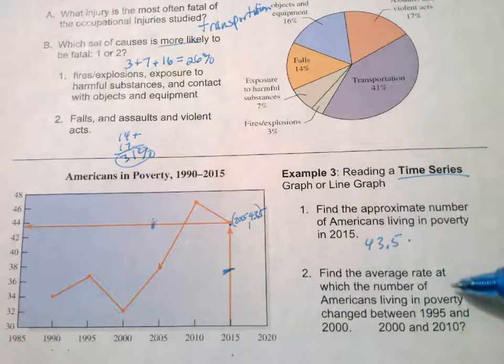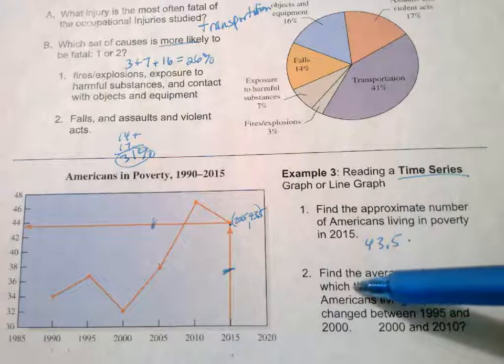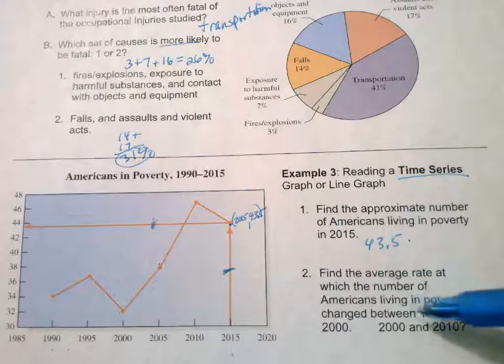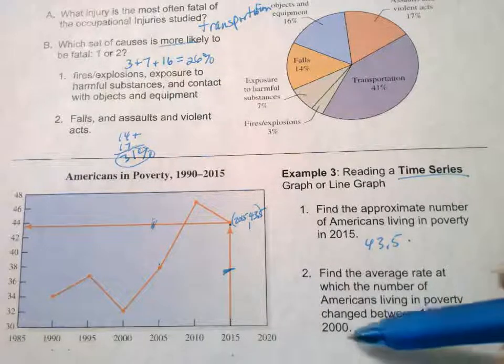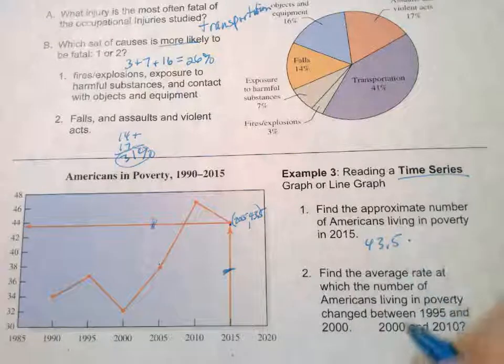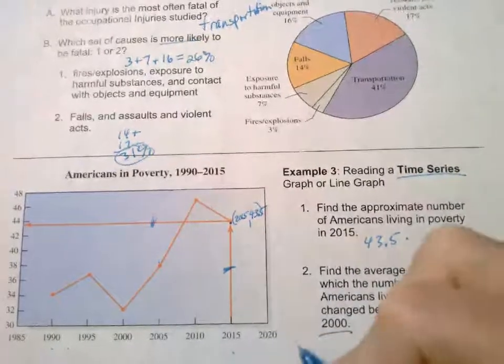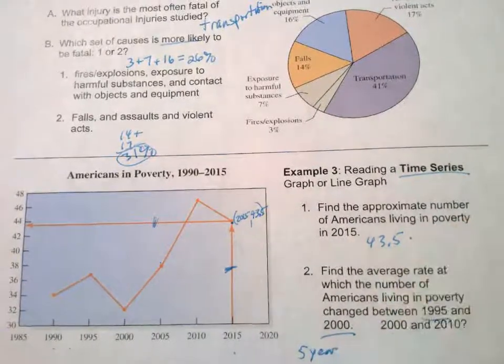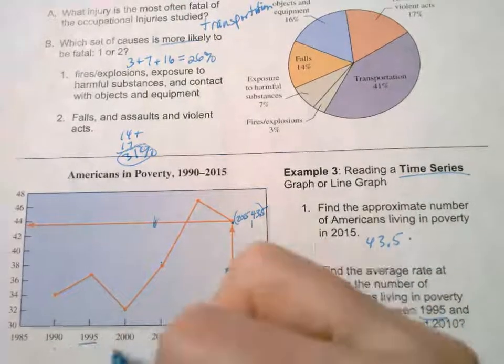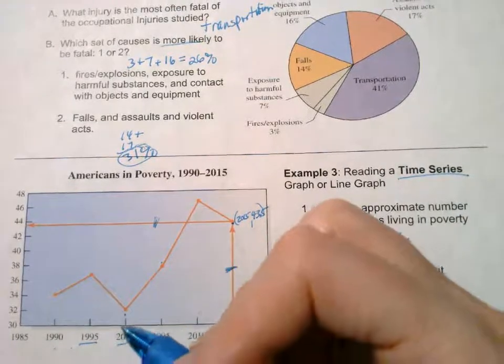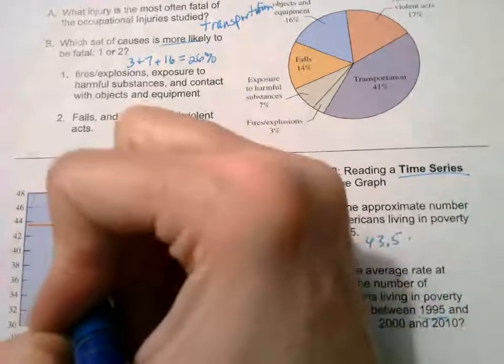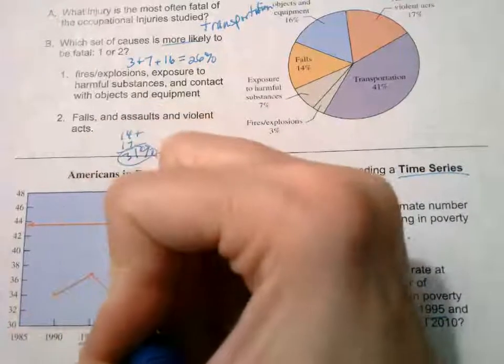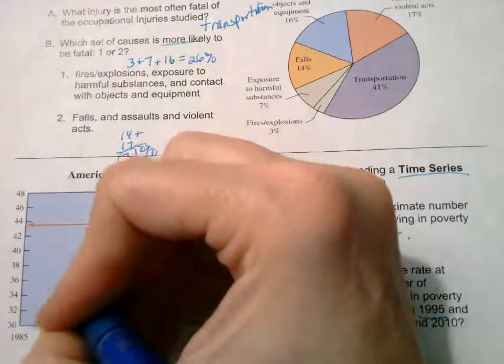Let's see. Find the average rate at which the number of Americans living in poverty changed between 1995 and 2000. 1995 and 2000 is 5 years. 95 and 2000, it looks like it declined. So what is that?